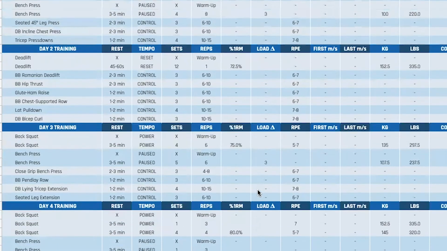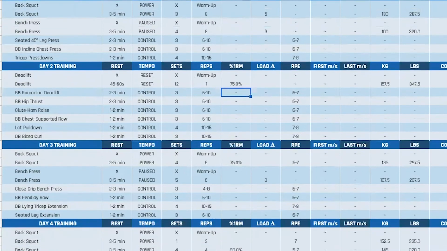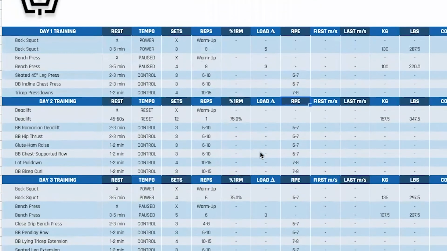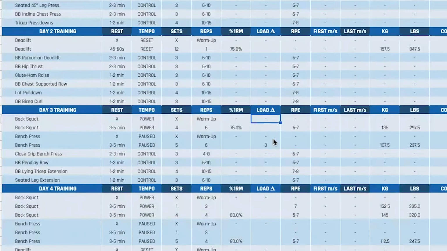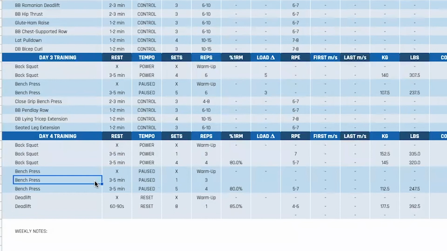And we'll leave that final day as a little bit of, we'll do something different with it. Okay, on deadlift, we'll go up by 2.5%. And then we'll do, whoops, don't want the percentage there, a 5 kilo increase on squat.